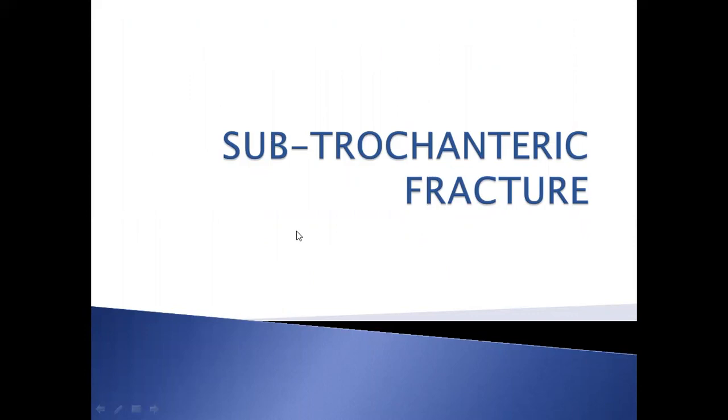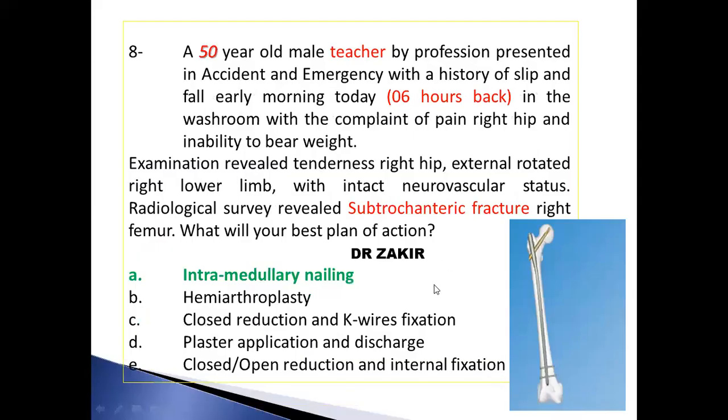The last one is the subtrochanteric fracture femur, which is an extracapsular fracture femur within 5 centimeters of the lesser trochanter. In this case, I kept the scenario the same, and only the radiological finding will change. That is subtrochanteric fracture femur. So in this case, we are not going to do hemiarthroplasty. We will not do K-wire fixation.